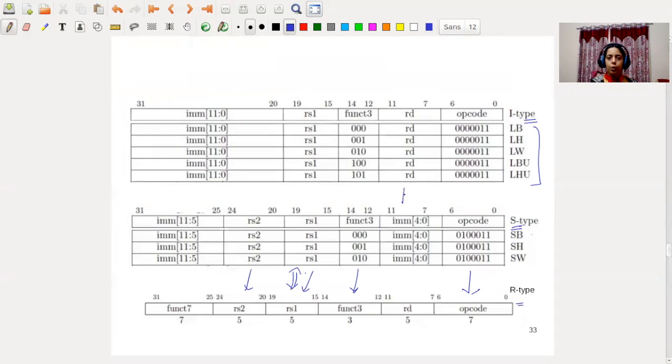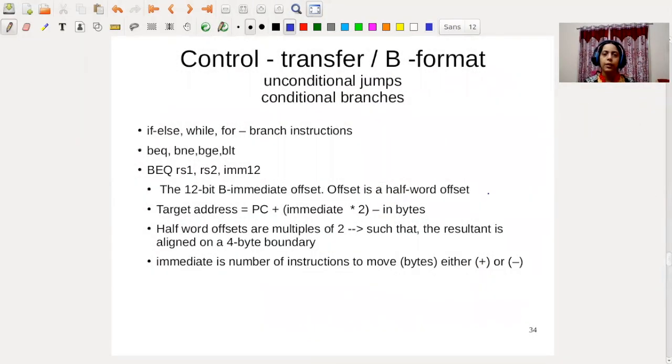If you compare the store with the load instruction, then you have a part of the immediate field in the same position, and then you have the RS1 in the same position, and then the opcode, of course, is in the same position. So this is the comparison between the load, store, and the R type instructions.